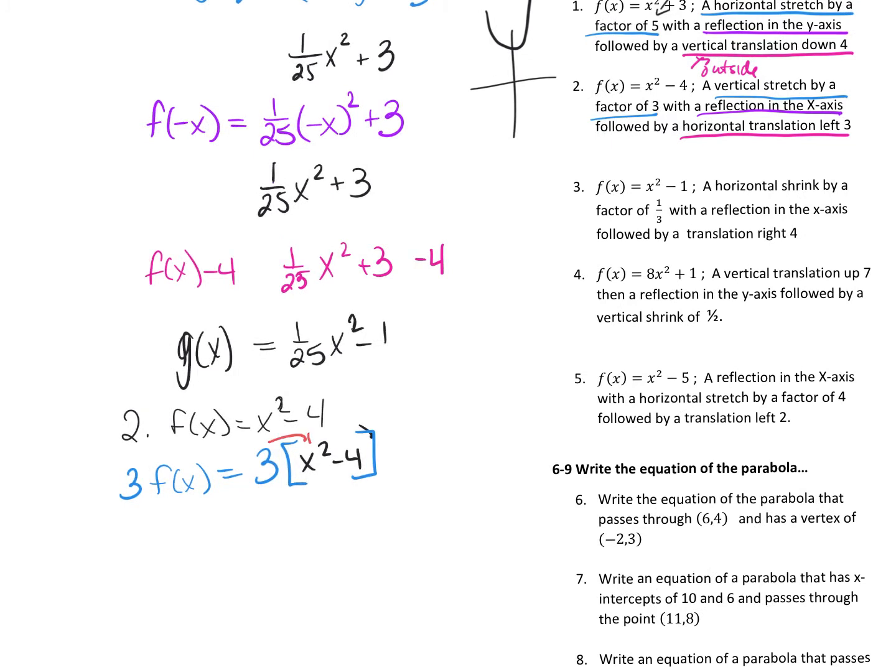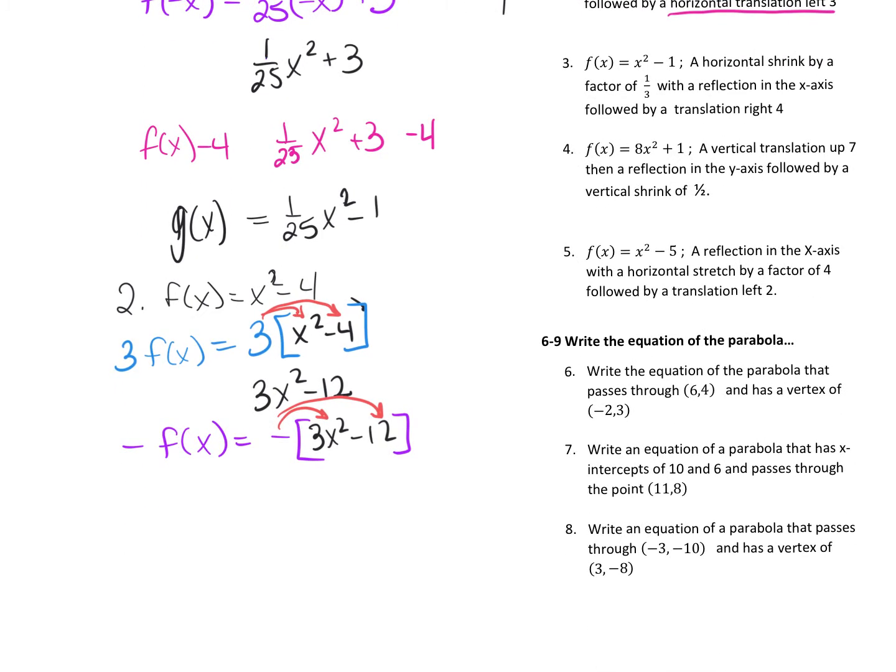I need to make sure to distribute my 3. 3x squared minus 12. Then I have a reflection in the x-axis, which is negative f of x. We multiply the whole function by a negative, remembering to distribute the negative to the 3x squared and the negative 12. So this becomes negative 3x squared plus 12.